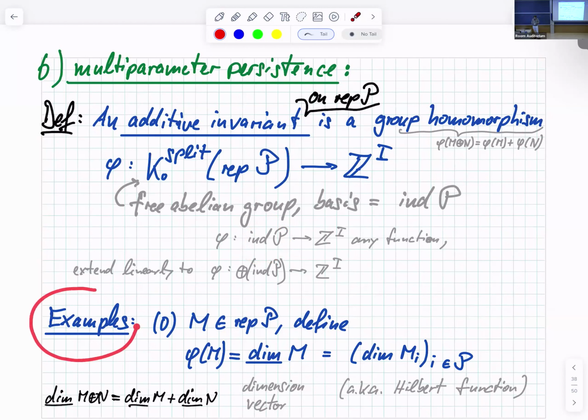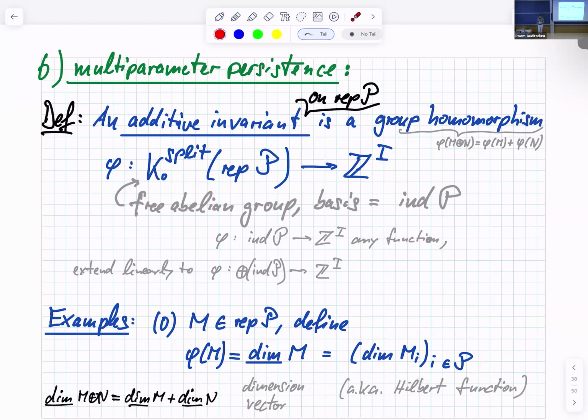And let's talk about examples. The first example is the one which we already saw before, the dimension vector. When I have a module M, I define an invariant phi of M to be the dimension vector of M, meaning the collection of the dimensions of the vector spaces at every point.